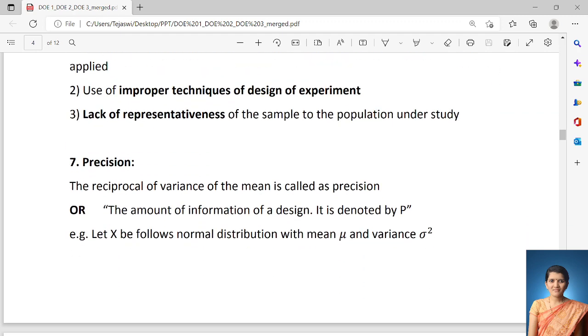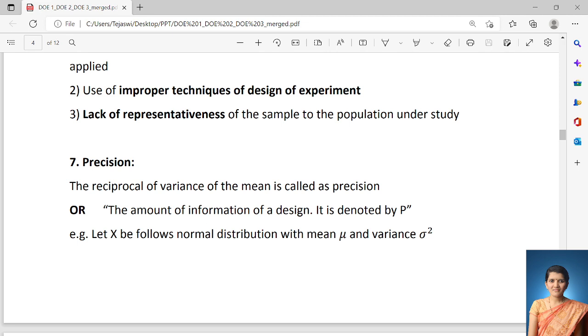Next is precision. Precision in regular words means accuracy. How do we measure accuracy? If the errors or the differences are minimized, then the procedure is accurate. The reciprocal of the variance of the mean is called precision, or the amount of information of the design.